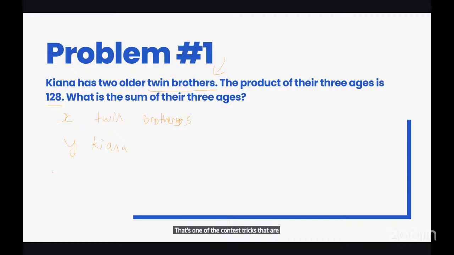So x times x times y equals 128, and they're asking what 2x plus y would equal. I'll give you a few minutes to solve this question, and the hint here is you would need to use prime factorization.